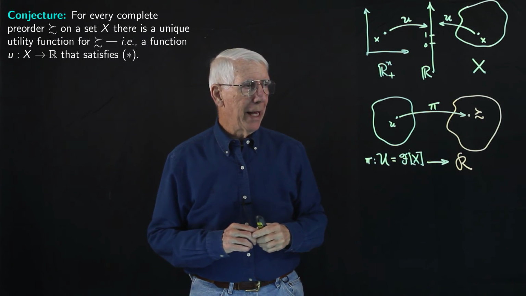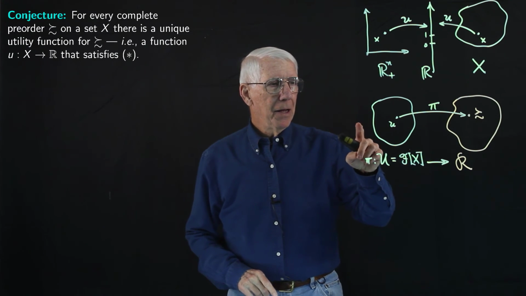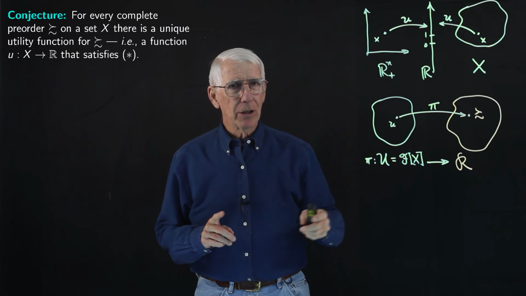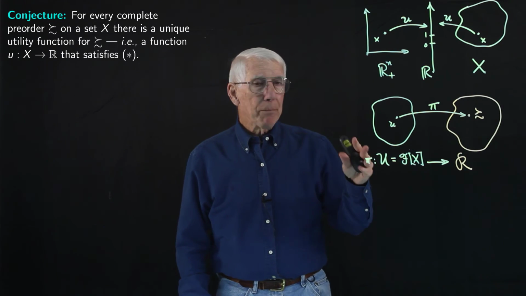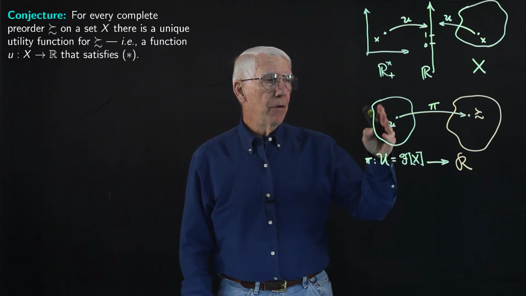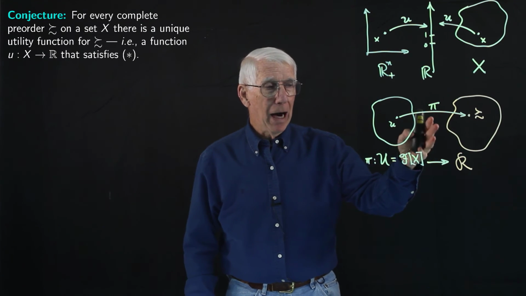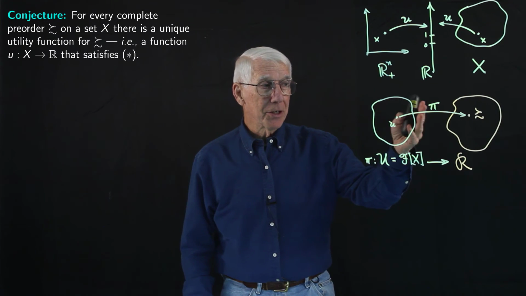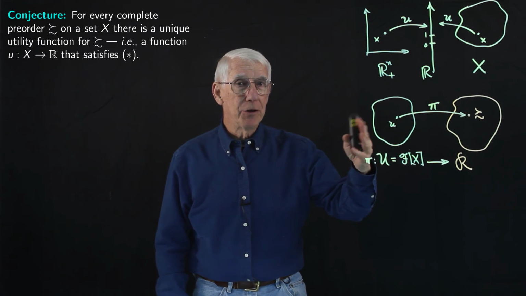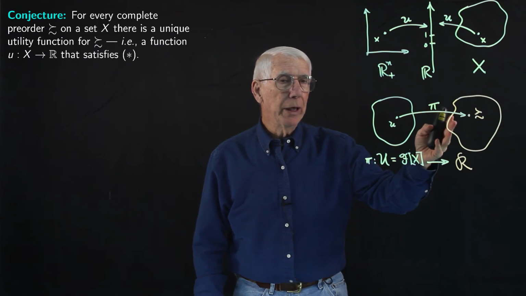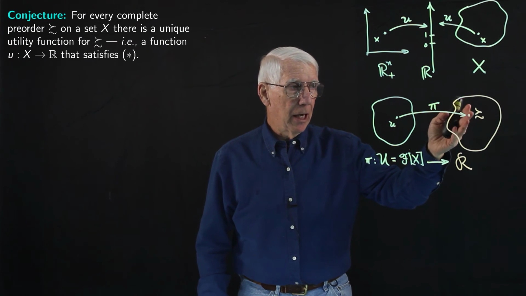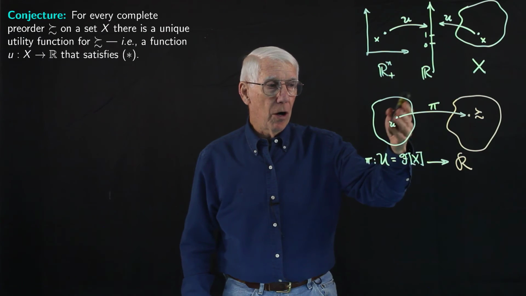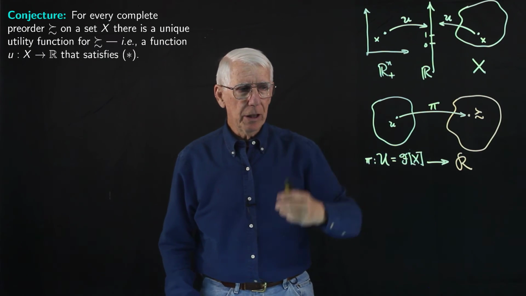And notice, by the way, that now you can see why I titled this lecture Representation of Preferences by Utility Functions, because the underlying problem that we're now going to address is, can we in fact represent preference orders always by utility functions?